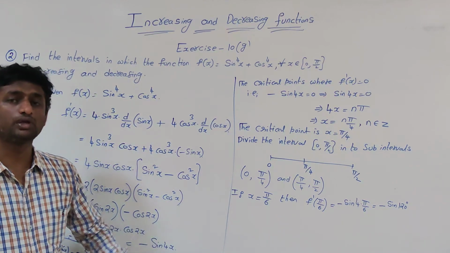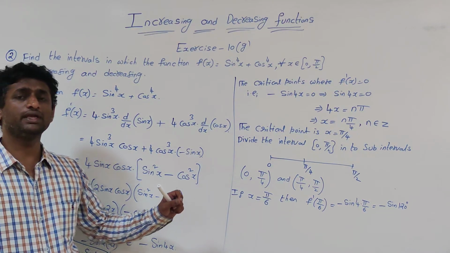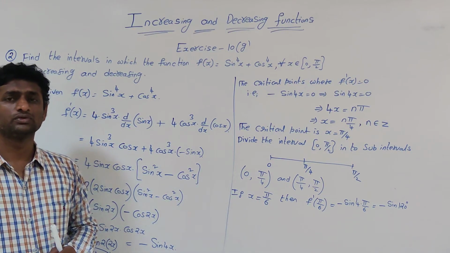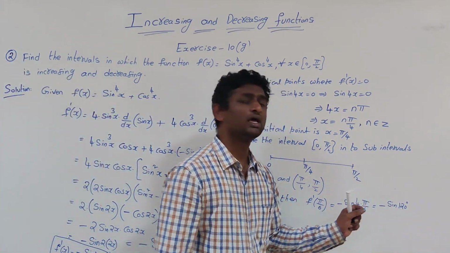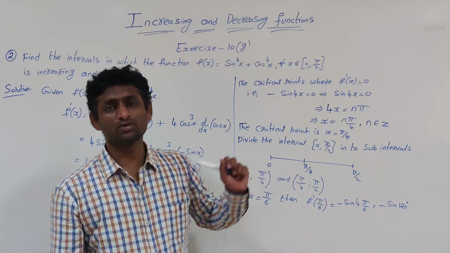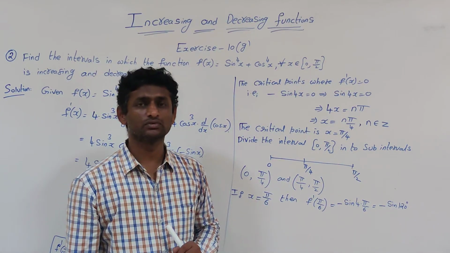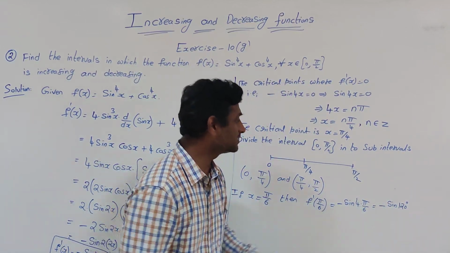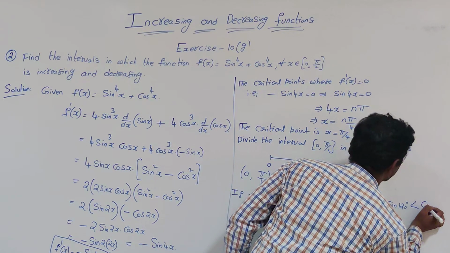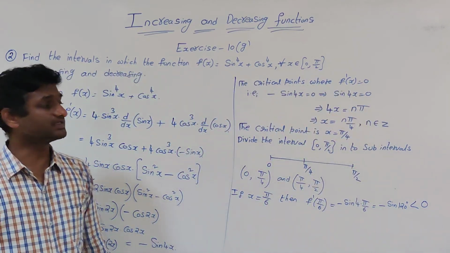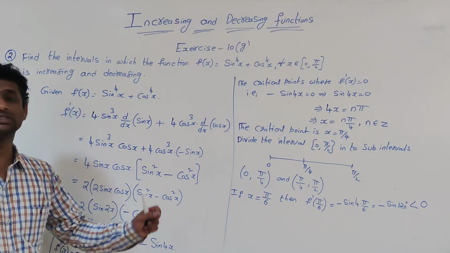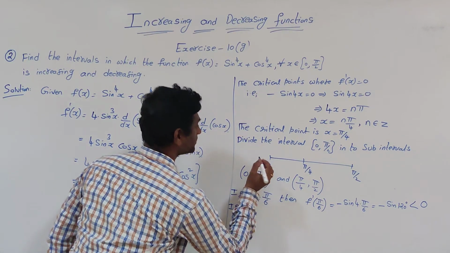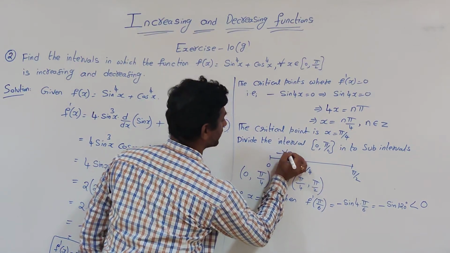Sin 120 is a positive value or negative value? 120 degrees lies in the second quadrant, sin will be positive. So sin 120 will be positive and there is a minus, so we will have a negative sign. So minus sin 120 will be a value less than 0, a negative value.